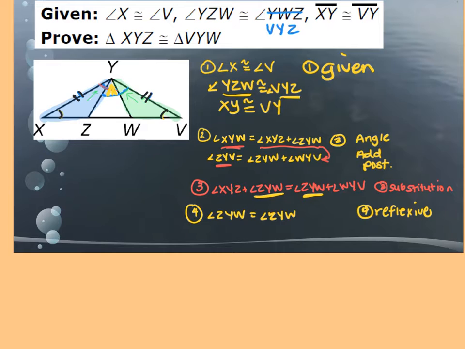When an angle that we're trying to take away is part of both of them, then I can say XYZ is congruent to WYV. And that's the subtraction property of equality.